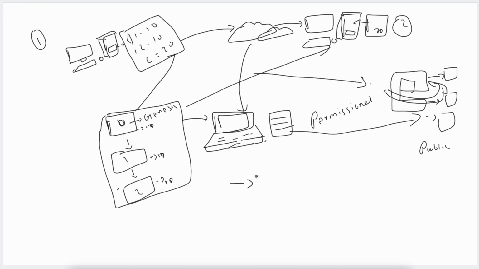This network is called Ethereum, and each machine running this, creating these blocks, is called an Ethereum Virtual Machine.